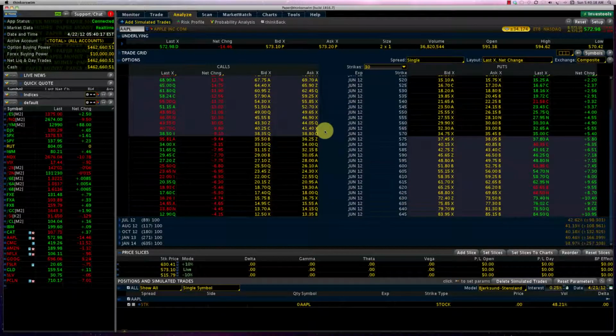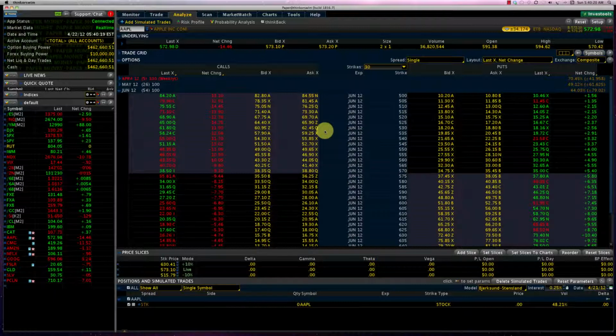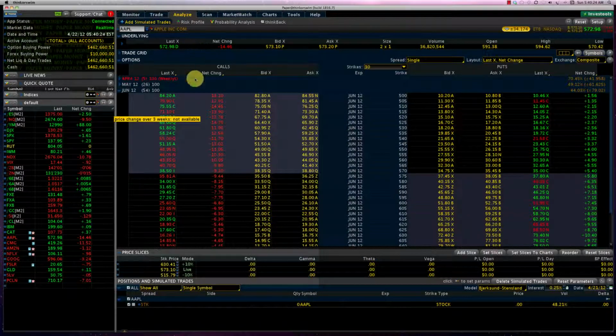Here we have Apple options for June, and on the left hand side we have calls, so we're going to focus on the left hand side of the screen. In the middle we have the strike prices and the expiry month. So we have the June series and the strike prices of various options on Apple.